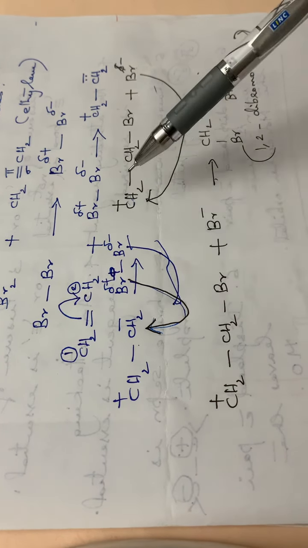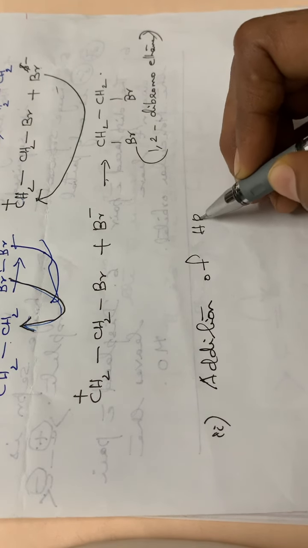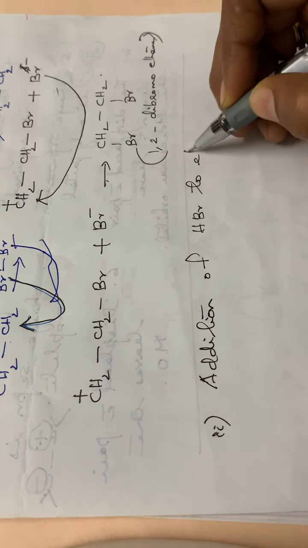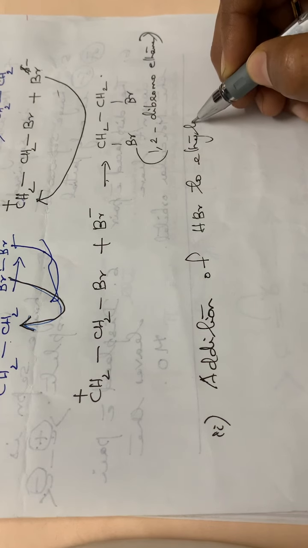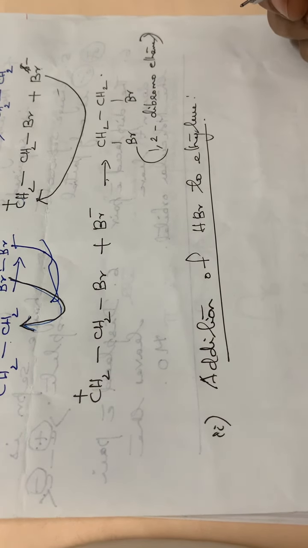Then the next reaction, or the next application, that is addition of HBr to ethylene. Addition of HBr to ethylene molecule.